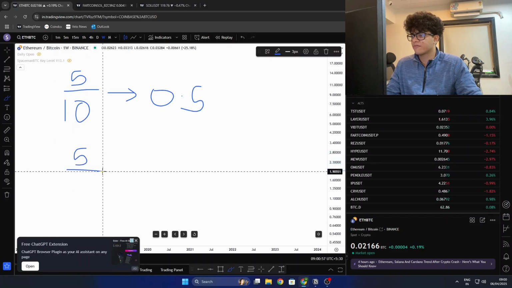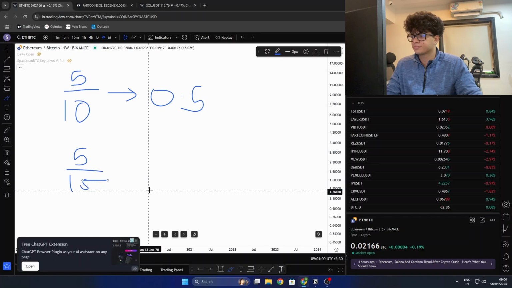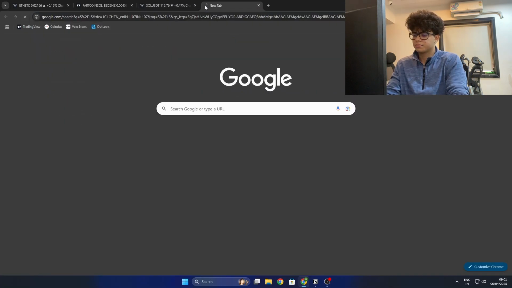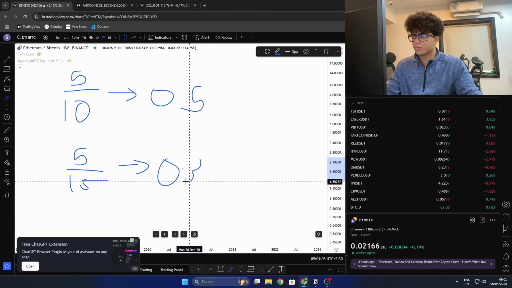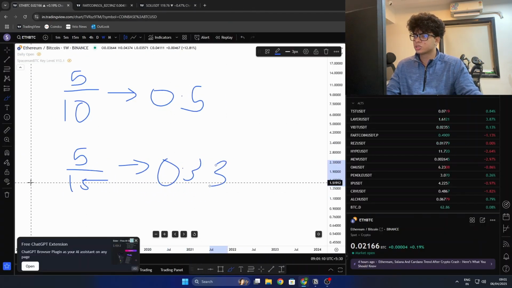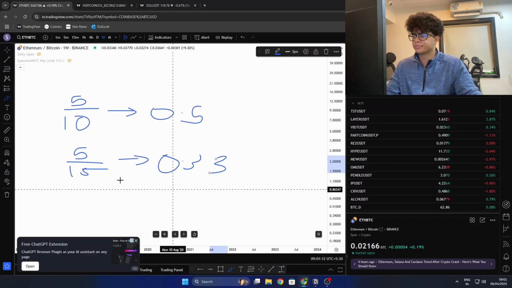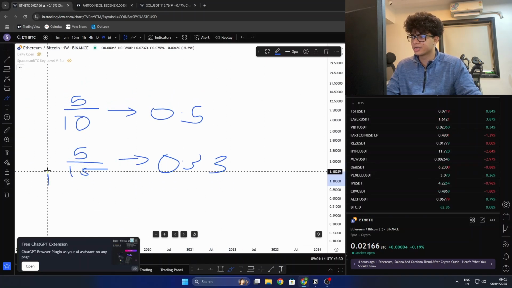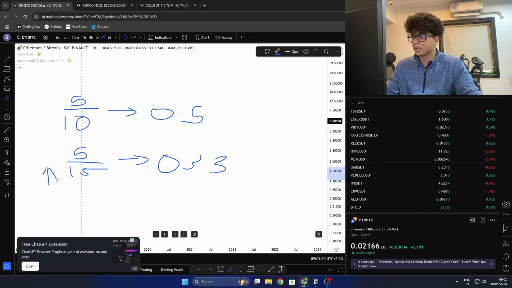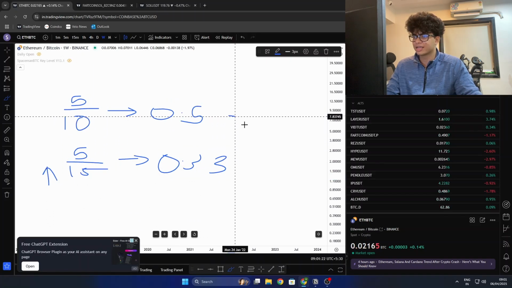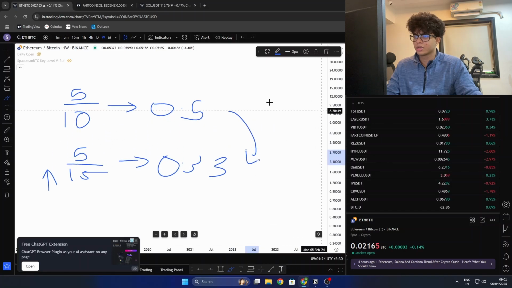Let's say 5 out of 15, right? This becomes 0.33. So what do we understand from this? That if the denominator goes up, the value of the whole thing decreases, right? Denominator went up from 10 to 15, the value decreased from 0.5 to 0.33, right?